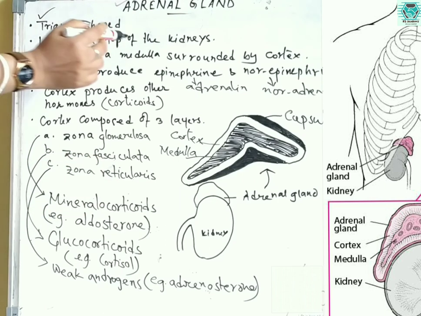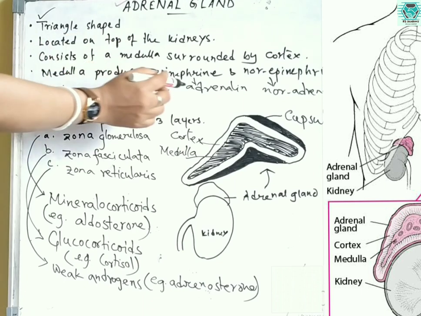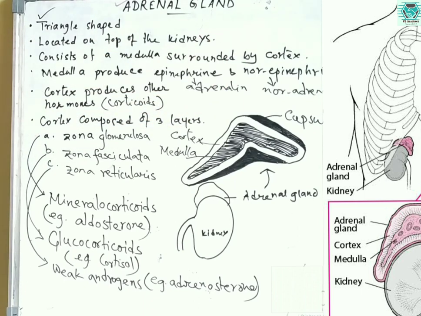And the medulla is responsible for releasing adrenaline and noradrenaline. Next, we move to the three types of hormones, that is glucocorticoid, mineralocorticoid, and androgens. Before that, we can see the histology of these three layers.